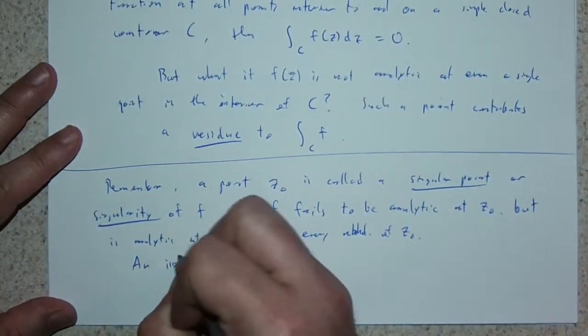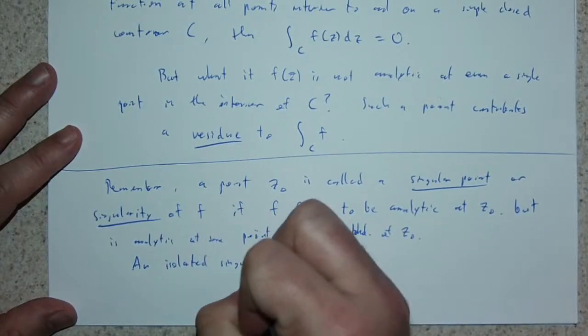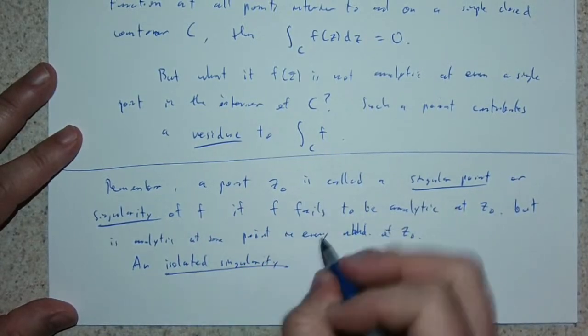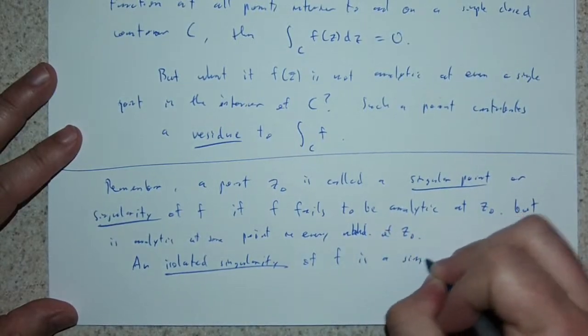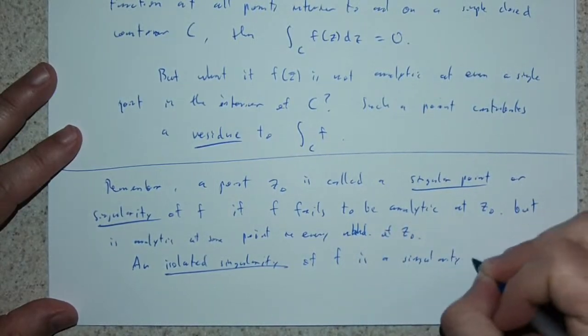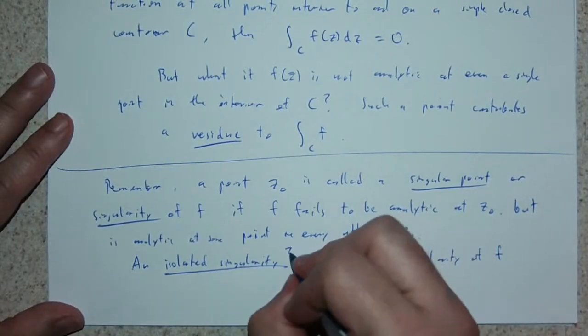An isolated singularity of f is a singularity of f. We'll call this isolated singularity z0.